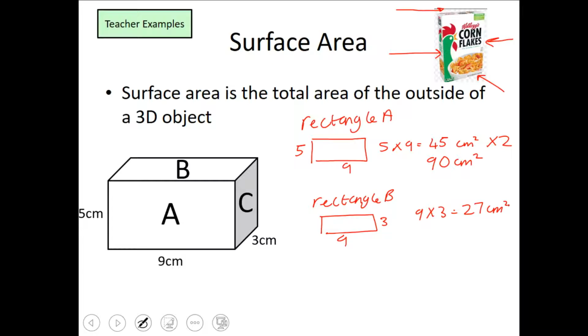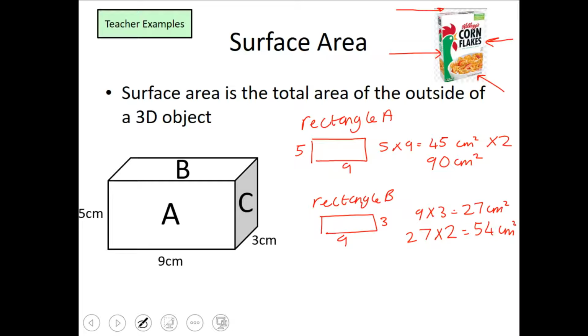Again, we have to multiply this by 2, because the top of the shape is the same size as the bottom of the shape. So now you get 54 centimeters squared.